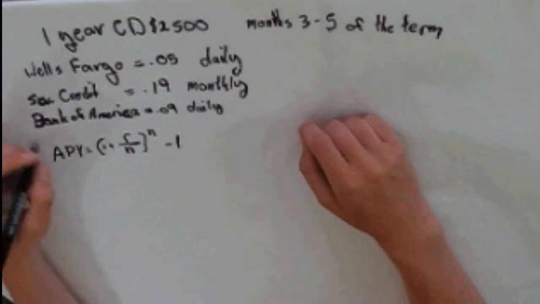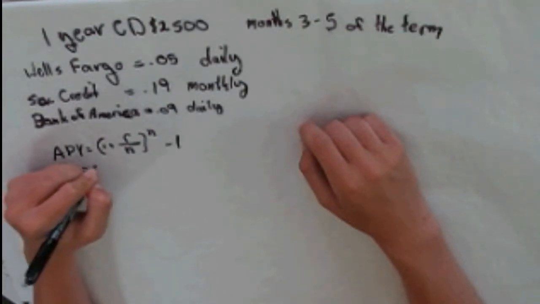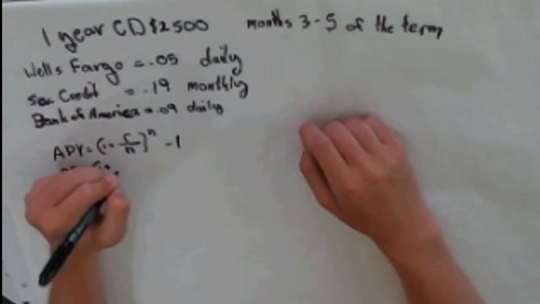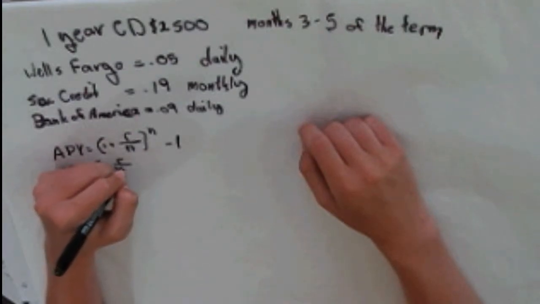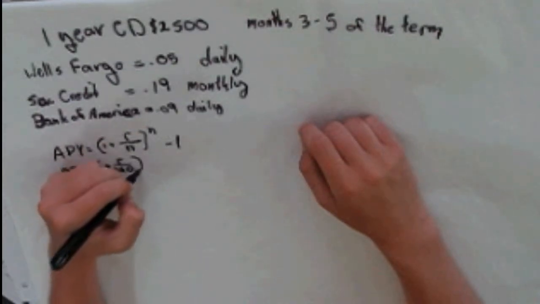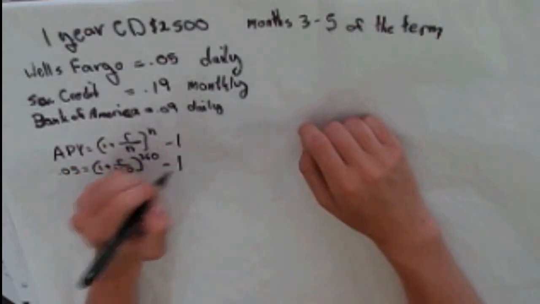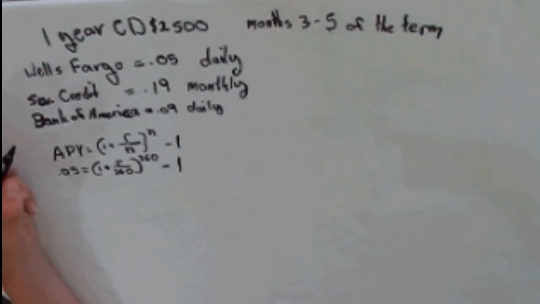So if we're going to find R, it's 0.05 equals 1 plus R, which is the variable we're going to isolate, over 360, raised to the 360 power, minus 1. So that's what we're going to start out with.